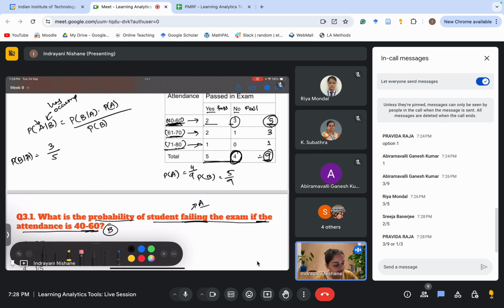So putting the values in the formula, it is 3 by 5, probability of A is 4 by 9, divided by 5 by 9.